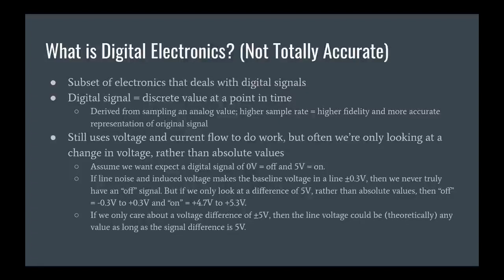A discrete value at any point in time would basically be at any arbitrary time along that sine wave, you take a measurement of that sine wave and see what the voltage reading is, assuming it's voltage. That's going to give you a digital value for that sine wave at that point. Higher sampling rates means higher fidelity because you are more accurately tracing the sine wave signal.